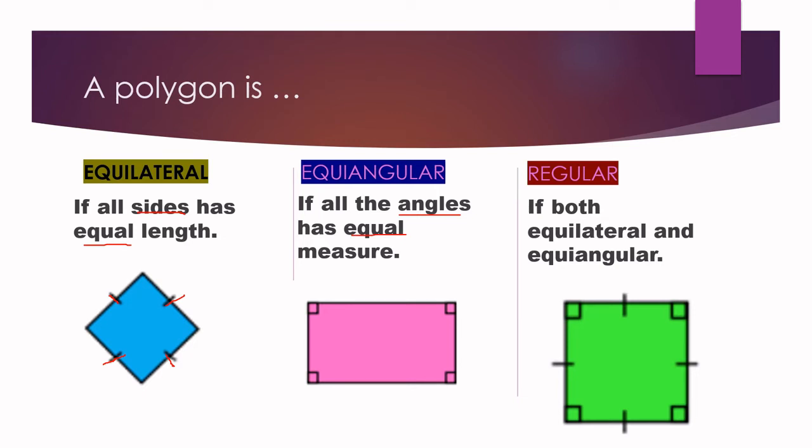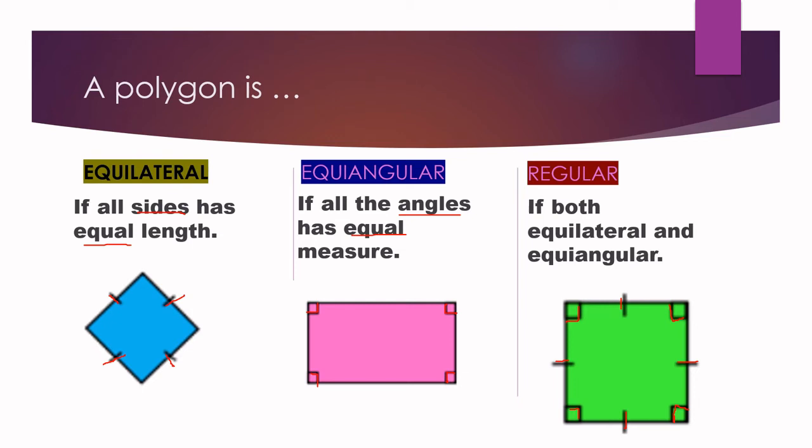So, kung pare-parehas naman ang measure ng angle, then it is equiangular. Then, a polygon is regular if equilateral and equiangular. So, kung parehas ang length ng sides at parehas din ang measures ng angles, then ang tawag dito ay regular polygons.